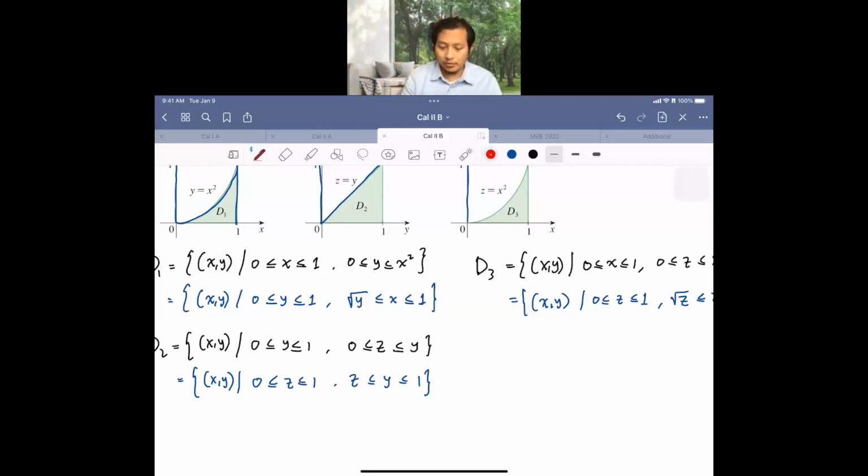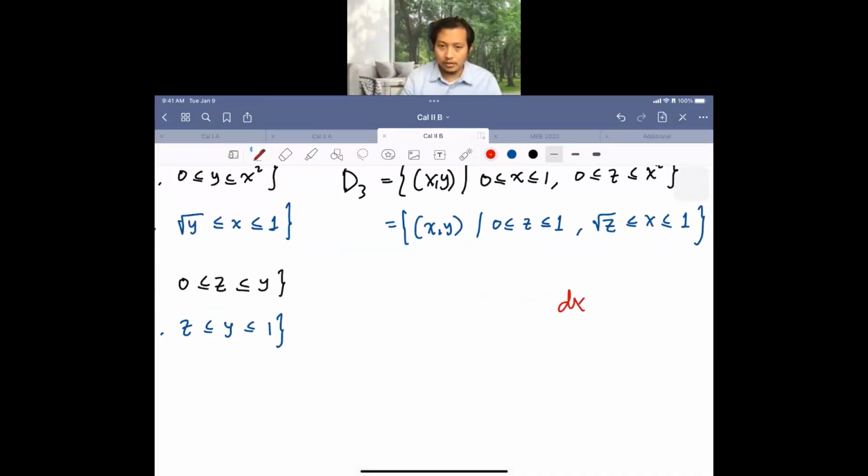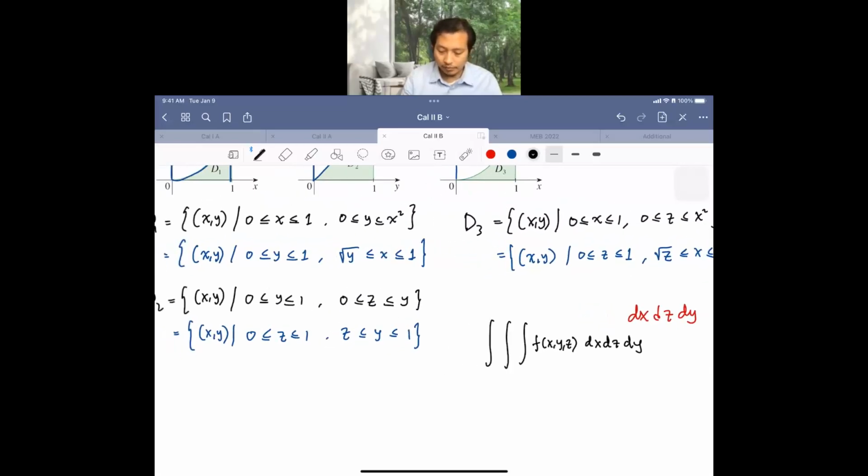So first we are going to achieve dx, dz, dy. This could be written as, let me just write all the dx, dz, dy. Okay. Now the outside will be y. So y outside will start from 0 to 1.